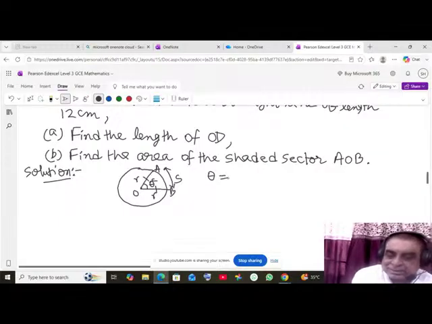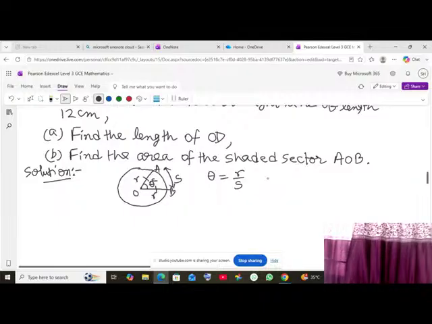The central angle theta is equal to R divided by S. Remember this point. I am checking it.